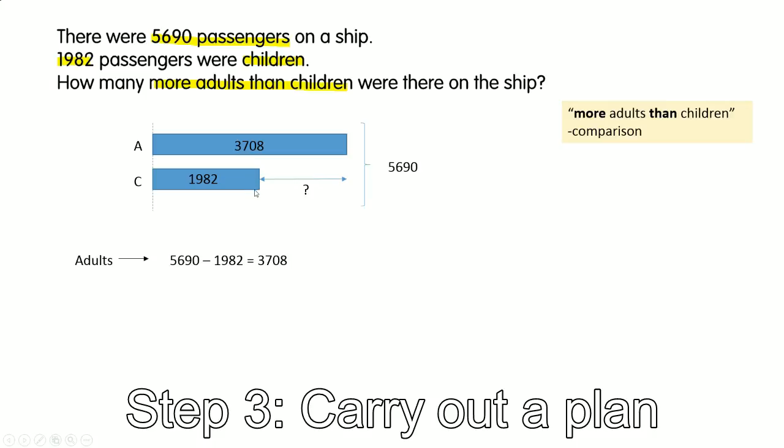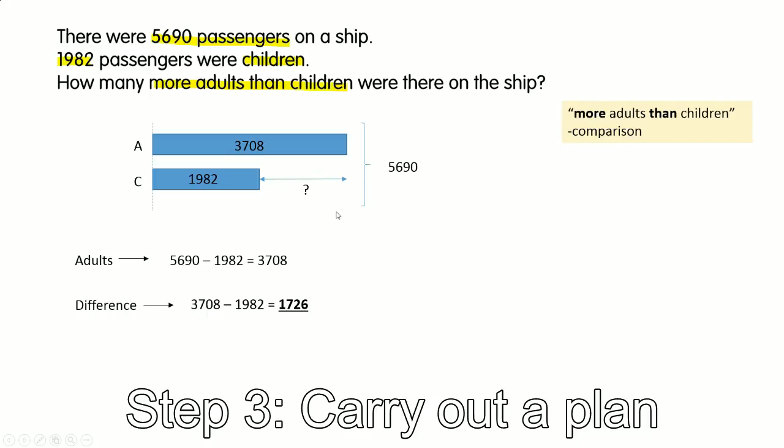Next, we can go on. We know the number of adults and the number of children. So we can find the difference. 3,708 minus 1,982 to give us 1,726. We can say that there are 1,726 more adults than children on the ship.